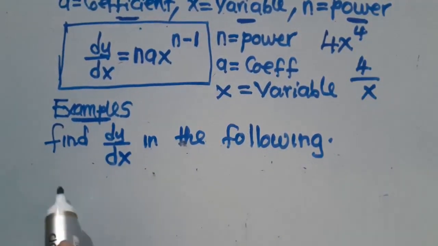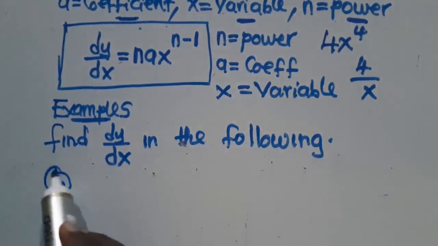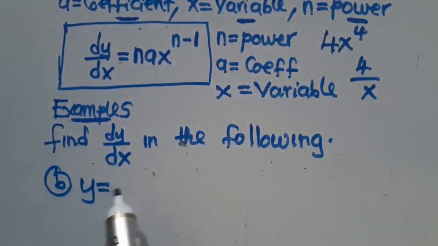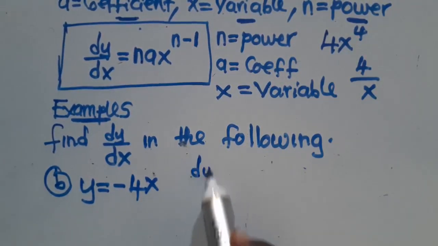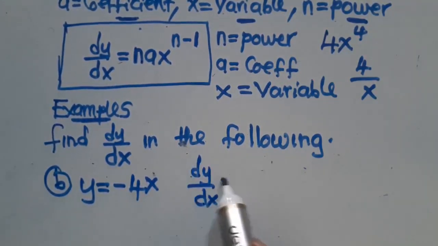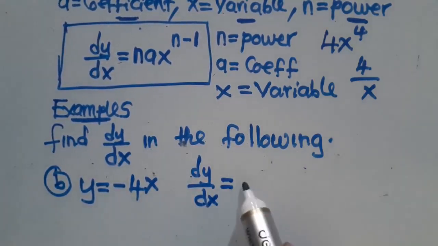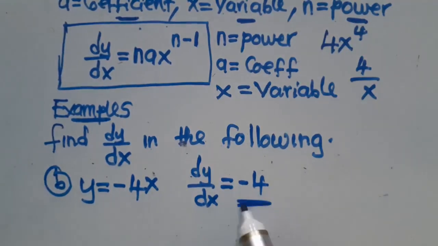So these are some of the things that you are supposed to know. You are given something like, so I'll say B, you are told to differentiate y is equal to negative 4x. So dy dx is equal to, you just get the coefficient, which is what? Negative 4. This is the answer. You are done. So you don't even need to waste time on this.